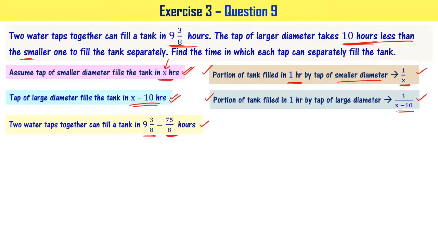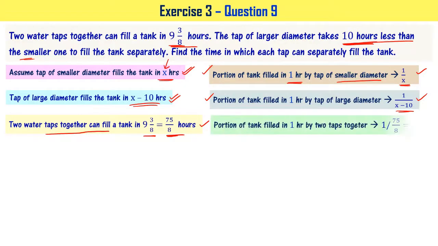Here we said that two water taps put together can fill the tank in 75/8 hours, right? The portion of the tank filled by the two taps together in 1 hour is going to be 1 divided by 75/8, that can be written as 8/75, right? Now, as you see here, tap 1 is running, that can fill 1/X portion of the tank.